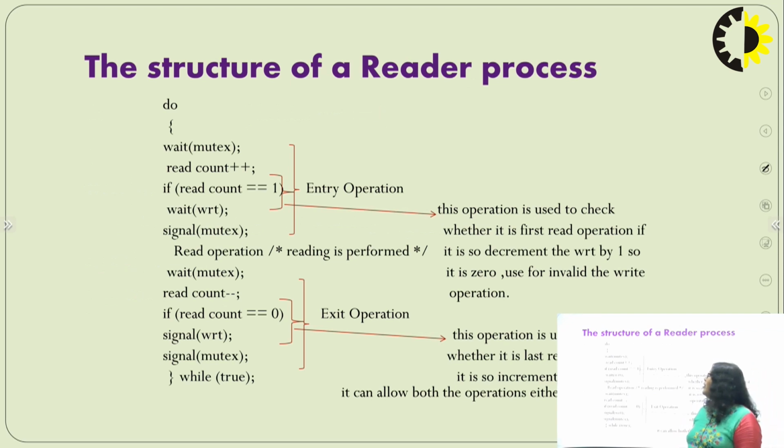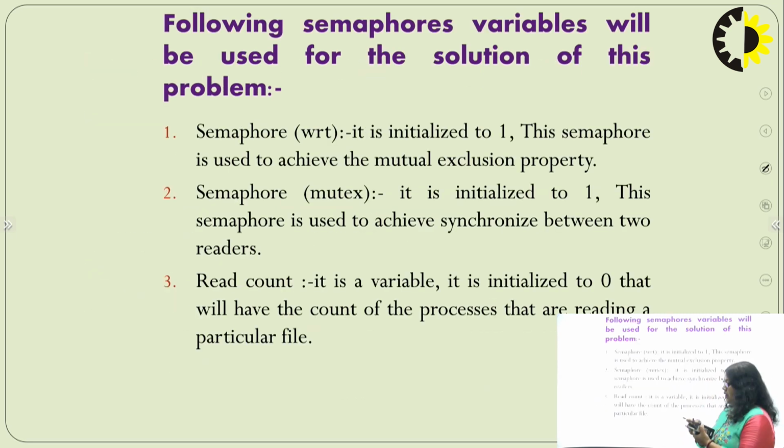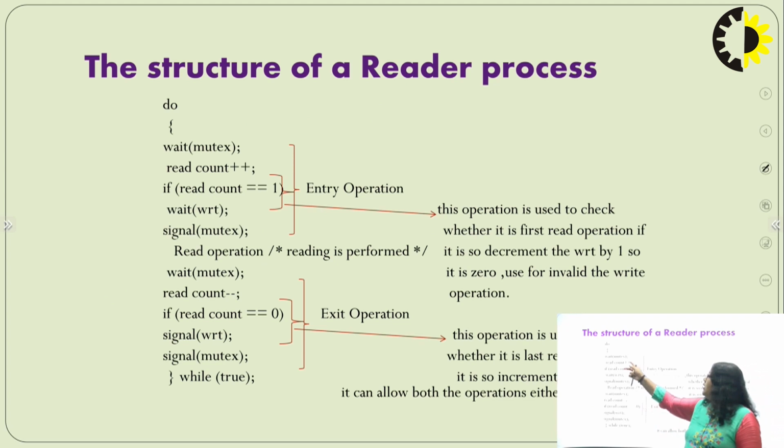Now this is the reader process. Wait mutex, initially the mutex value is 1. When a reader comes into the critical section, read count is incremented. If the read count is equal to 1, that means this is the entry operation. Wait write, initially the value of write is 0. So this operation is unfilled, so signal mutex is high.